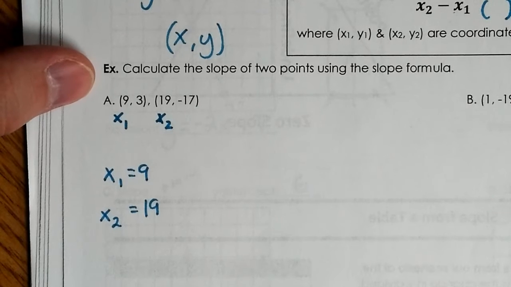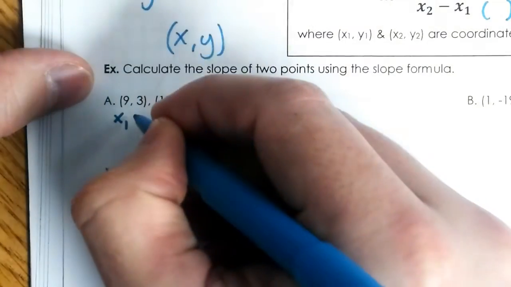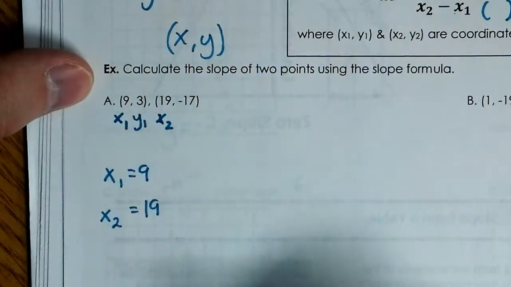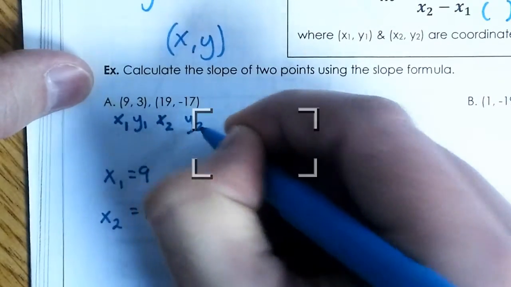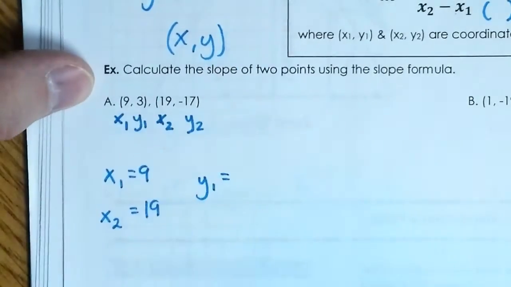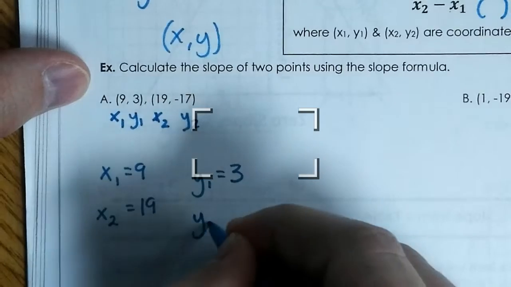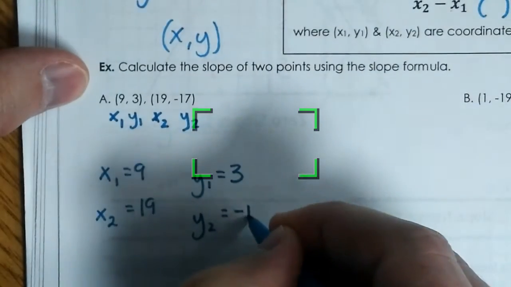What do y'all think our y1 is? 3. Yeah, our y1 is 3. Our y2 is negative 17. So our y1 equals 3, and our y2 equals negative 17.